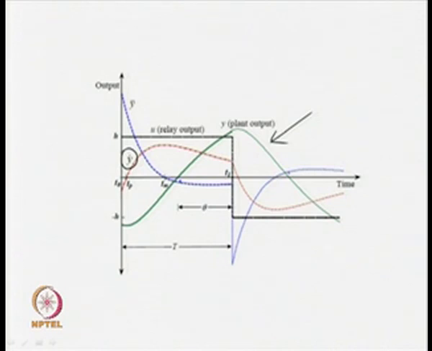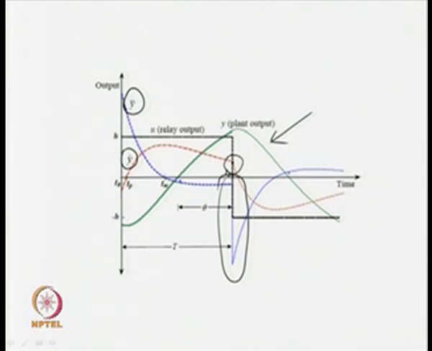The change is not so apparent from this plot, because although you see a non-monotonous characteristic at this point, the abrupt change is not evident from this figure. When the second derivative is obtained, given by the blue plot, we see that there is an abrupt change in the magnitude of the second derivative of the plant output.